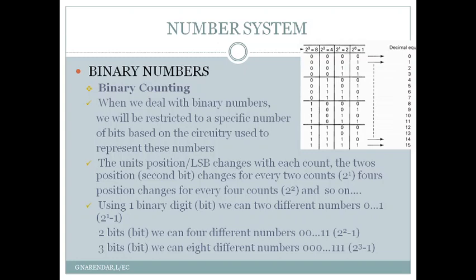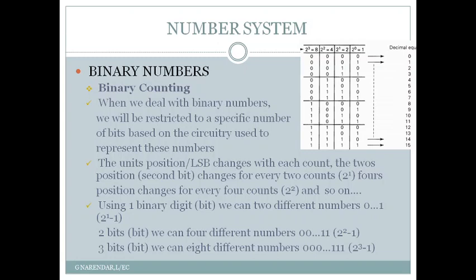So that means the first two digits of the binary number system are only 0 and 1, but we may have to use 4 bits in a particular circuit because of the circuitry inside the digital system. So in that case, instead of writing 0, we have to write it as 0, 0, 0, 0.